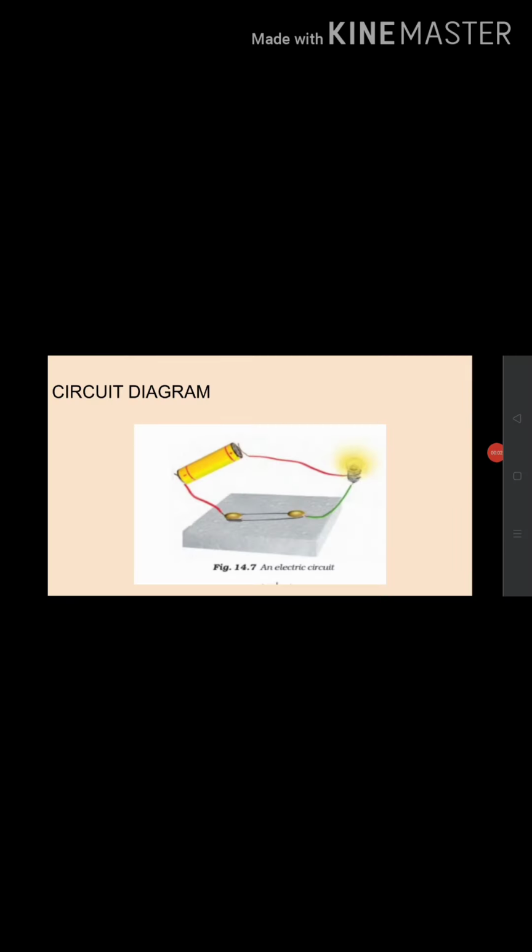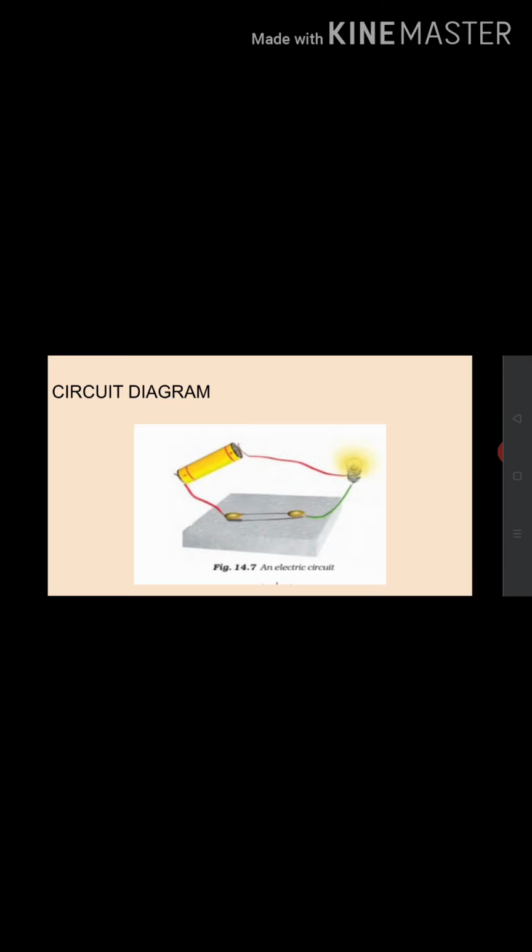The components such as cells, bulbs, wires, etc. are called as elements of electric circuit. The various components of a circuit are represented by standard circuit symbols. It is much easier to draw a circuit diagram using symbols.